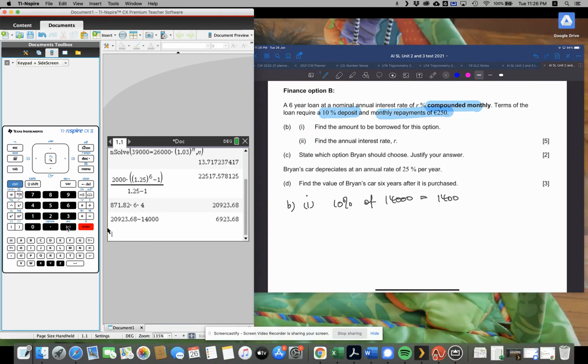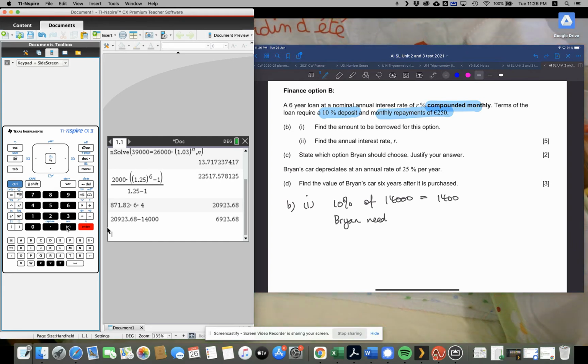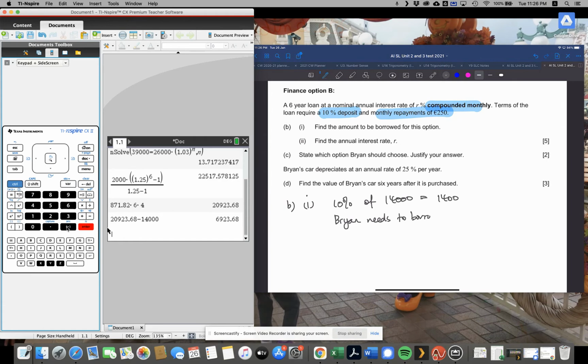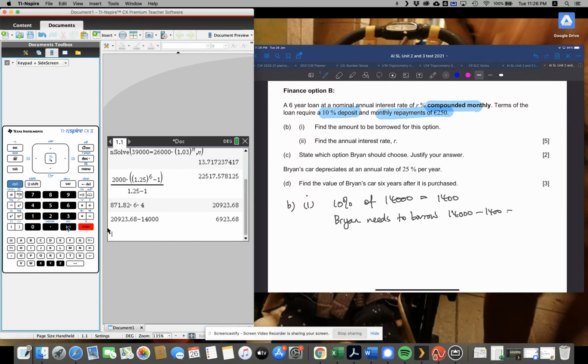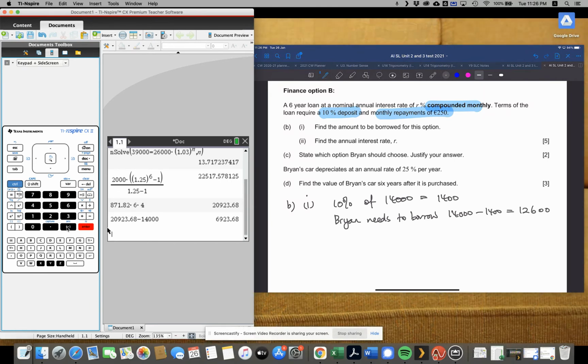So how much to borrow? In using this option, Brian needs to borrow 14,000 take away 1,400, which is 12,600.